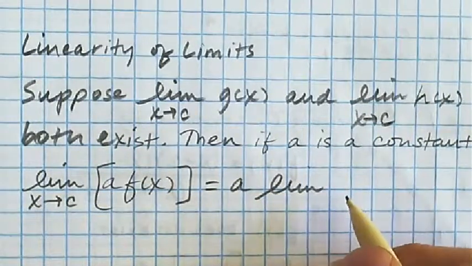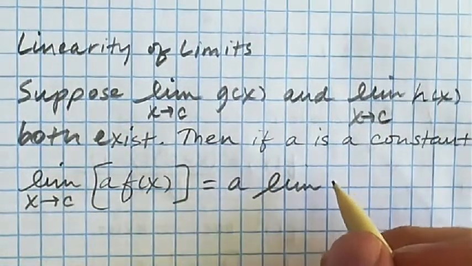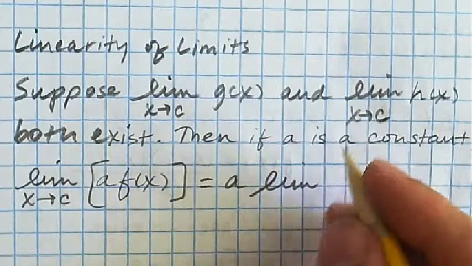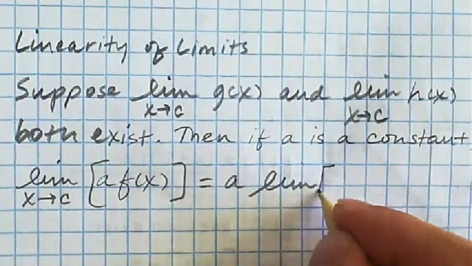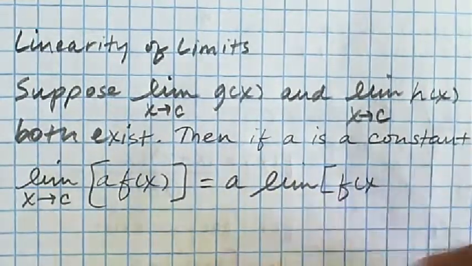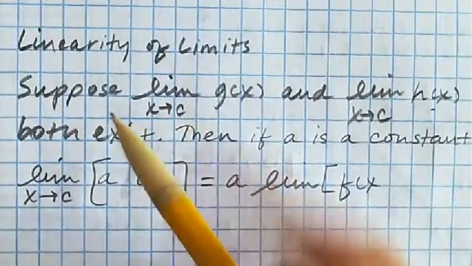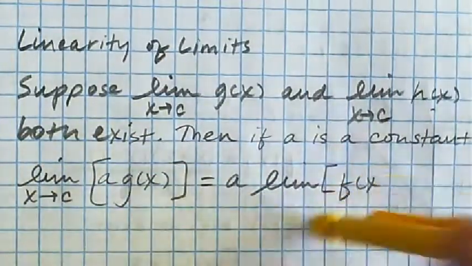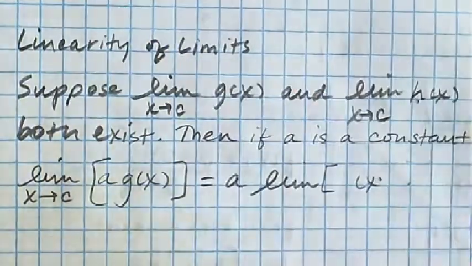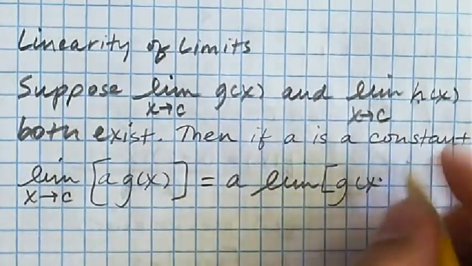You might be like, well, why would I need this? And I'll show you the example problems. Oh, whoops, I forgot there is no f. It's g and h. So we can factor out a constant.